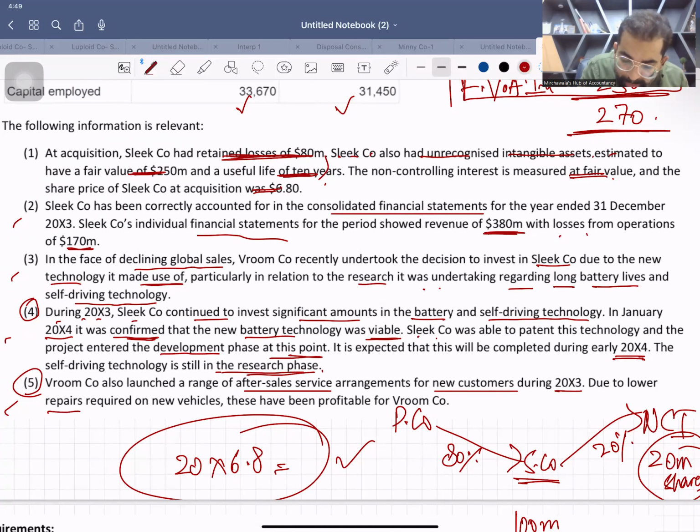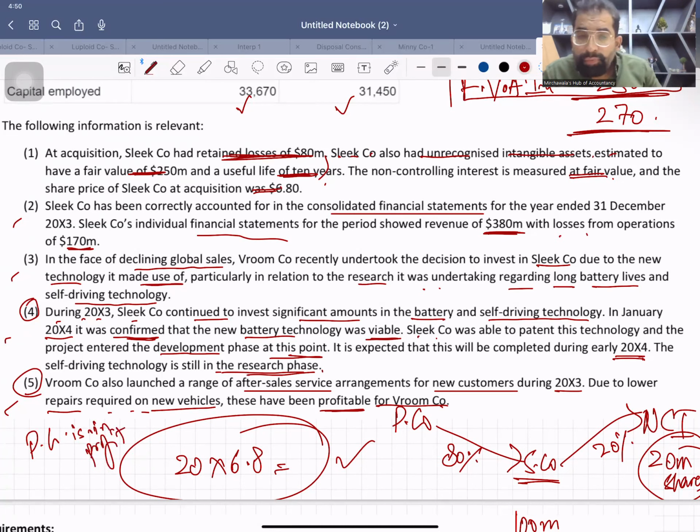Due to lower repairs required on new vehicles, these have been profitable for VRoom. That means the parent company is in profit, and its margins are also good. When you are in good profits, that means you are in good margins.